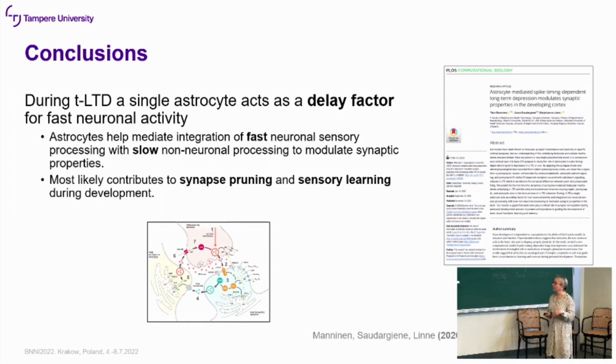During this work, I gradually started seeing that yes, it is actually the key to understand the brain, and this model at least nicely to me shows how you integrate the slow activity to this very fast activity to tune synaptic transmission and to induce plasticity and to learn, at least during development. I don't know about adulthood. And we conclude that this is one of the mechanisms that leads to synapse pruning and sensory learning during development.